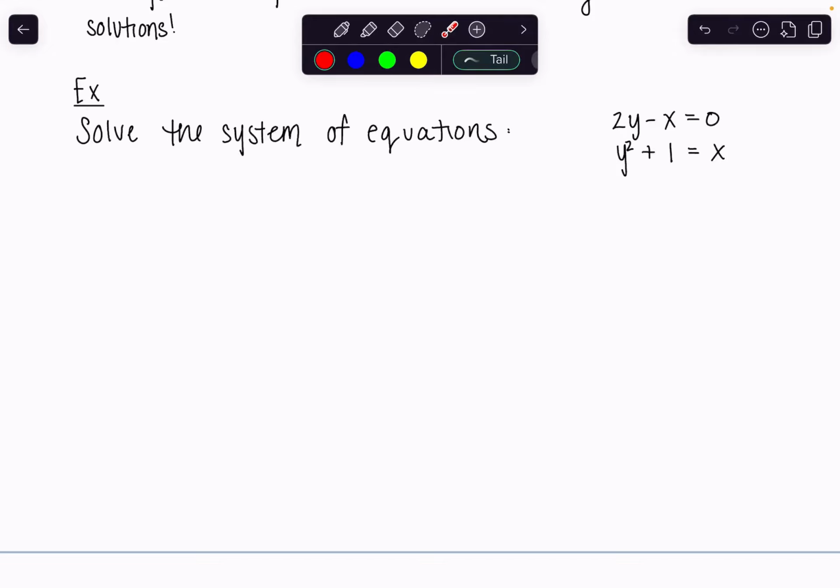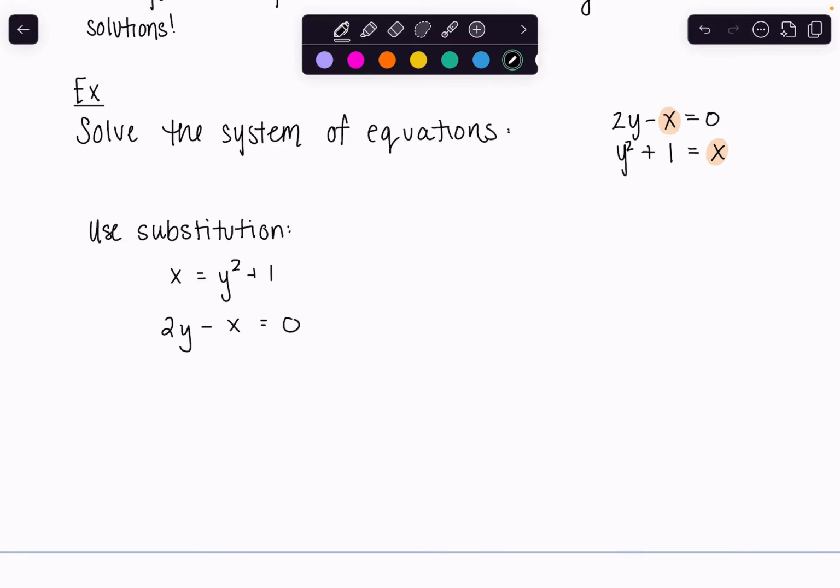Now, you absolutely can use elimination, but this one is definitely primed for substitution because I know what x needs to equal, okay? So in here, this x and this x are going to be exactly the same thing, so I'm just going to directly use substitution. Okay. So my x is equal to y squared plus 1, but I also need 2y minus x to equal 0.